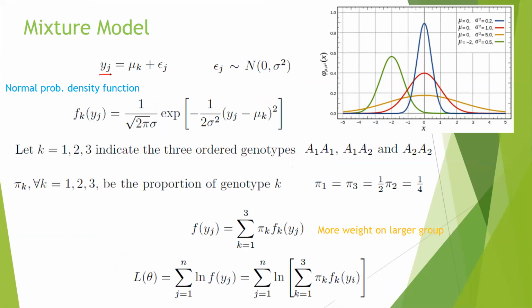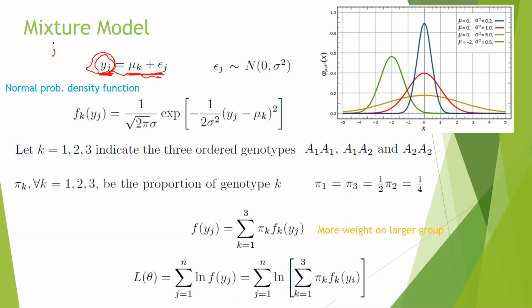When we use the mixture model, for example, if we look at a single individual, if this individual comes from the case population, this will be the model. We can use this formula to represent the phenotype for the jth individual.